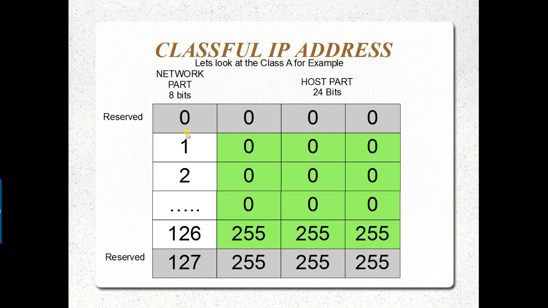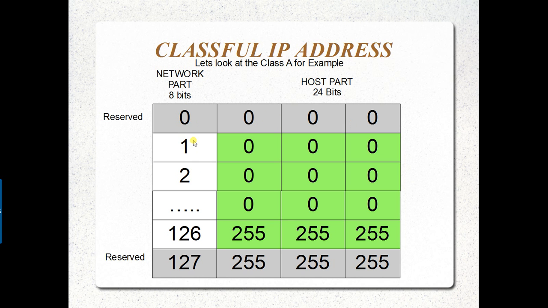So you can see here that our range for the Class A is 0 to 127. And actually, the 0 network and the 127 network are reserved, so we're able to use 1 through 126 for a network. Now remember, each one of these quadrants here are 8 bits. So an IP address is made up of 4 blocks of 8 bits, which is a total of 32 bits.